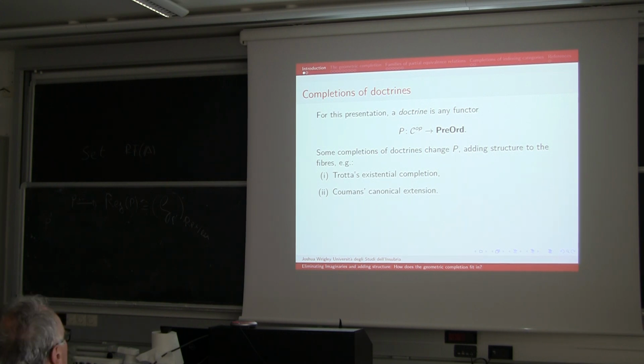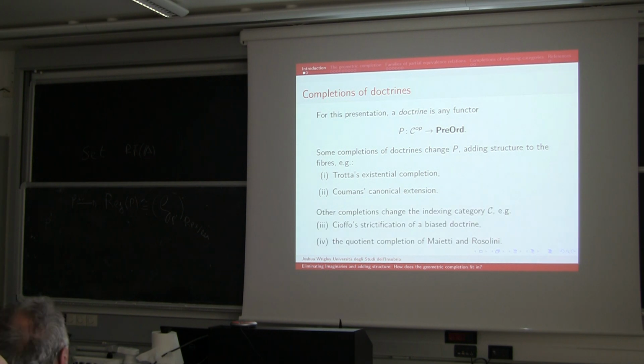But Dion Coman has a paper where she talks about this canonical extension of a coherent type of doctrine. And then we've got other kinds of completions where we change what we index and what's going on with the indexing category. So I'm going to be talking a bit about Schoffer's stratification work and these exactness type completions.